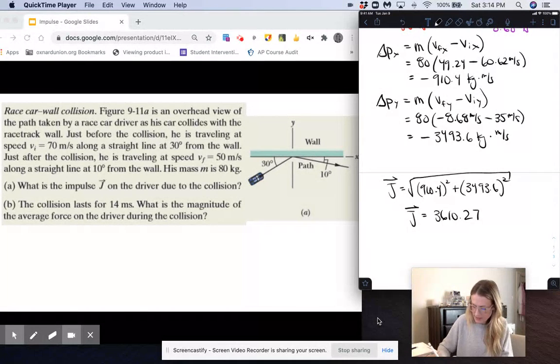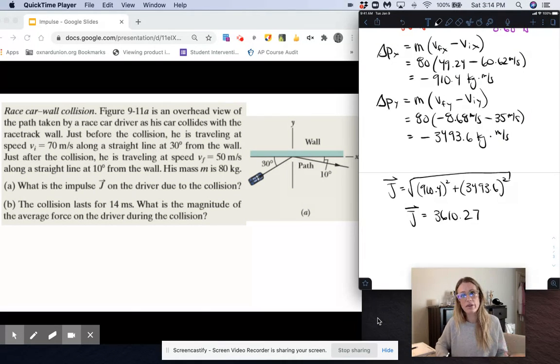Now let's talk for a second about the units for J. We know again, impulse J is equal to change in momentum. It's also equal to force times time. So you can either use kilograms times meters per second, or you can also use newtons times seconds for force times time. Those units end up working out. If I use newtons times seconds, remember a newton is a unit for force, and force is equal to mass times acceleration.